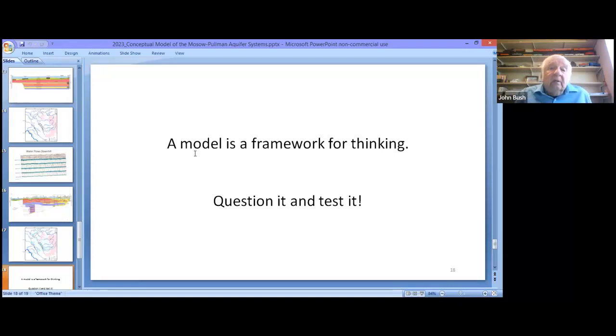I think if you understand this model in general, it will help you question it and test it. Since I've thrown that challenge out there, there is one more lecture, lecture 9, in which I will take some of my thinking and some of my findings and put it into the model and see how well that model works.